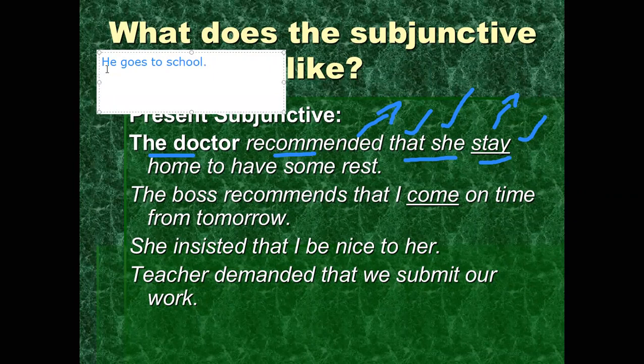Now here we can see he is the third person pronoun and he is the singular pronoun. So with the third person singular pronoun, when we have an action verb, we add s or es to that verb. So he goes to school.